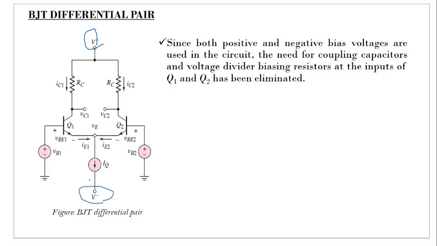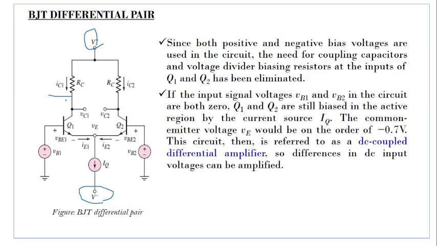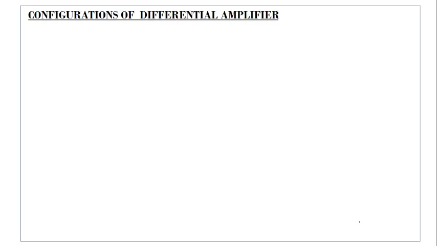Therefore, there is no need to connect any coupling capacitors, and it is not mandatory to connect the circuit only in voltage divider bias. The stability is already achieved by applying a positive as well as a negative bias voltage. We know already the common emitter voltage can be of the order of the cut-in voltage, that is 0.7 volt. So the difference is going to get amplified.